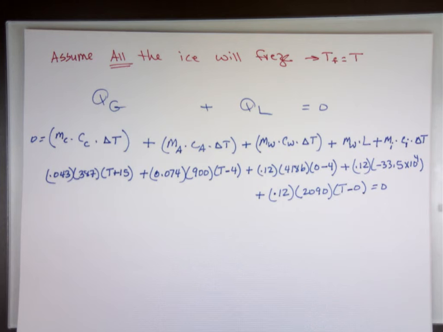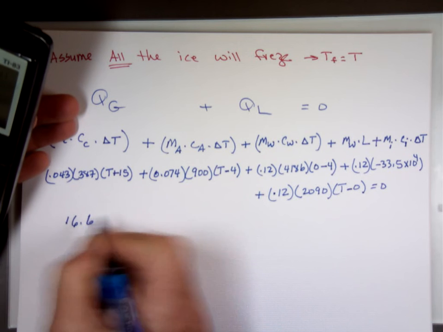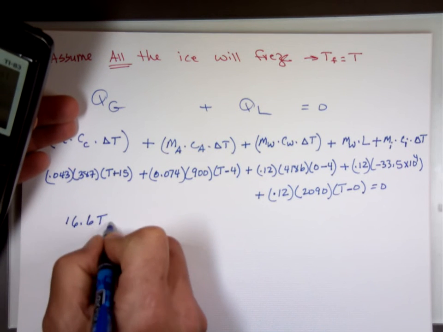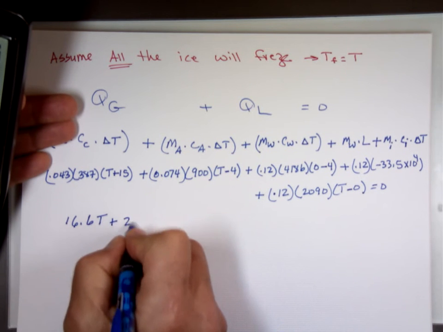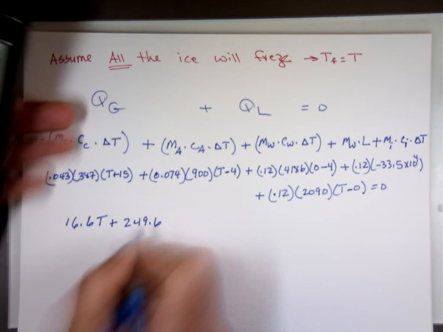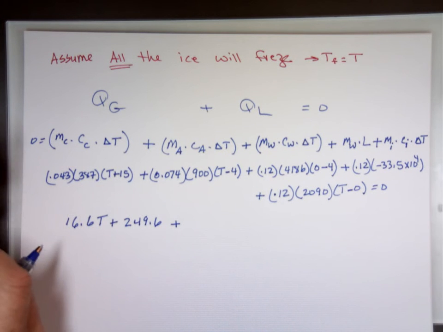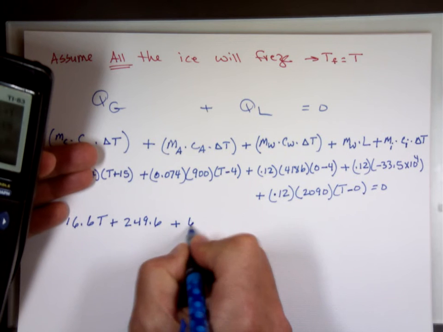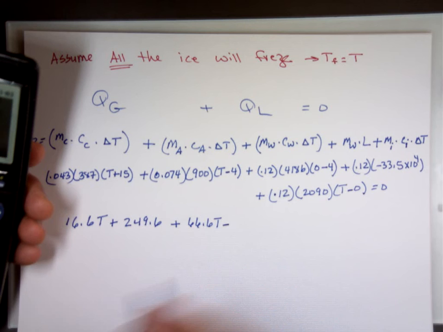There we go. 0.043 times 387. I'm going to just use one decimal place. 16.6 T plus 249.6. 66.6 T minus 266.4.